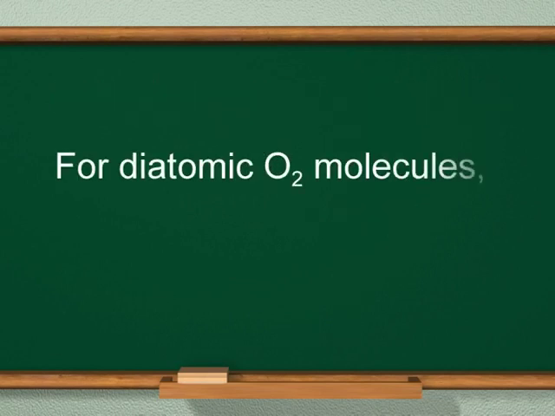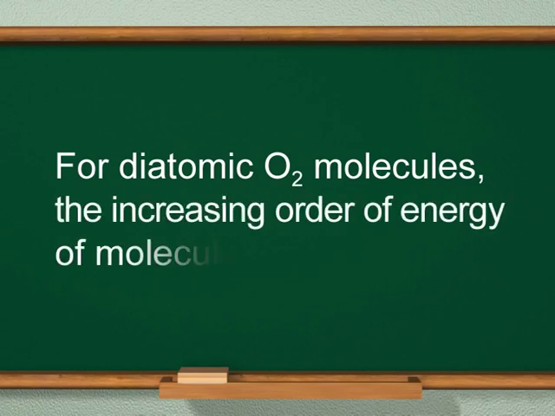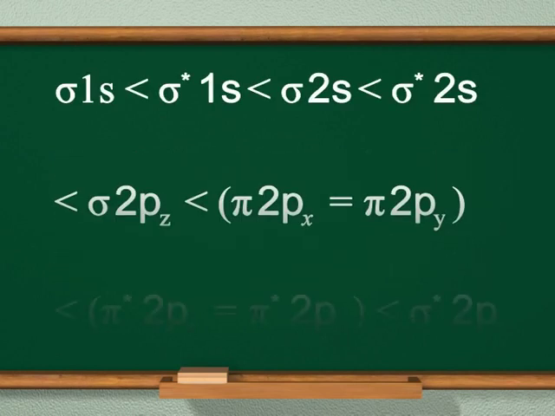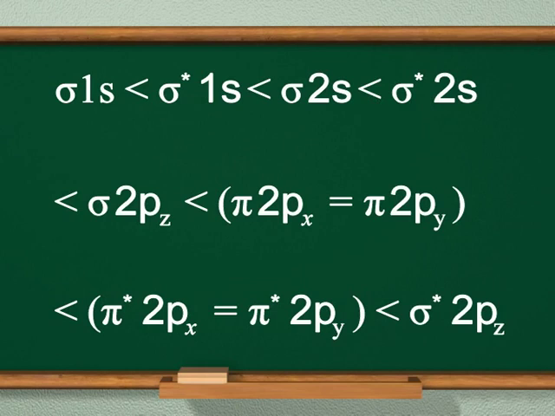For diatomic oxygen molecules, the increasing order of energy of molecular orbitals is sigma 1s has lower energy than sigma star 1s. It has lower energy than sigma 2s. It has lower energy than sigma star 2s.